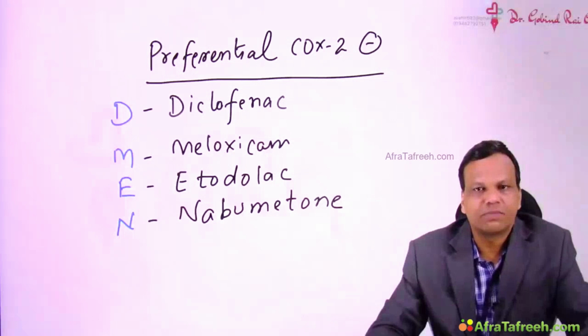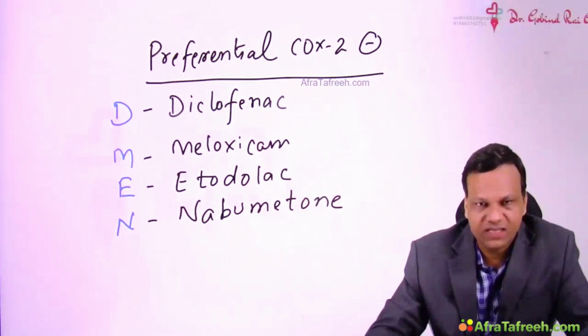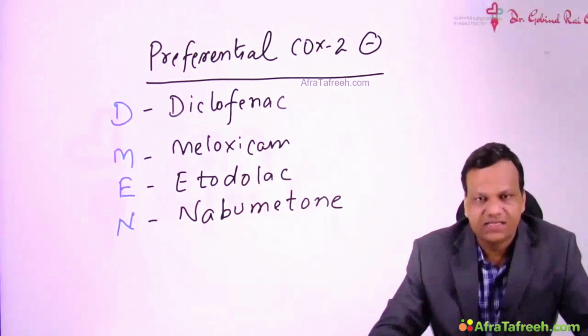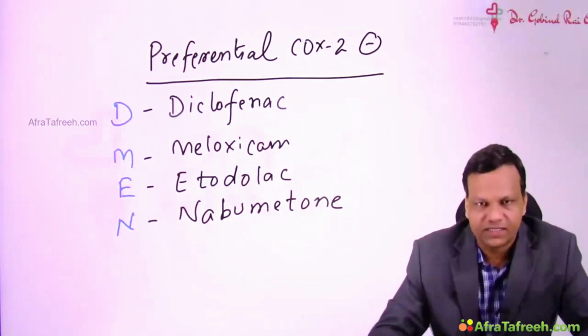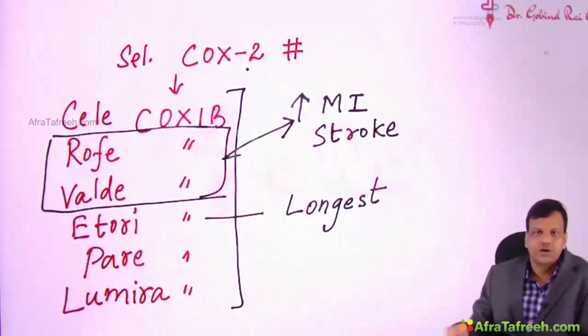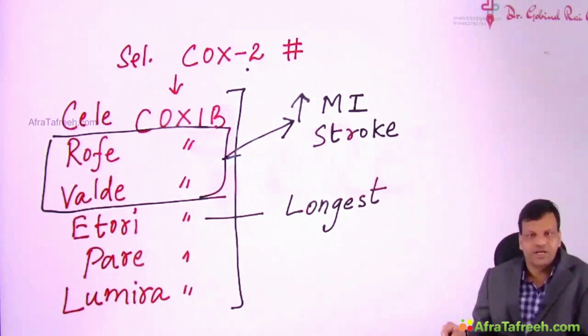So these are considered preferential COX-2 selective inhibitors, but practically they have the same functions as non-selective COX inhibitors. Okay. So these are the important points regarding the non-steroidal anti-inflammatory drugs.